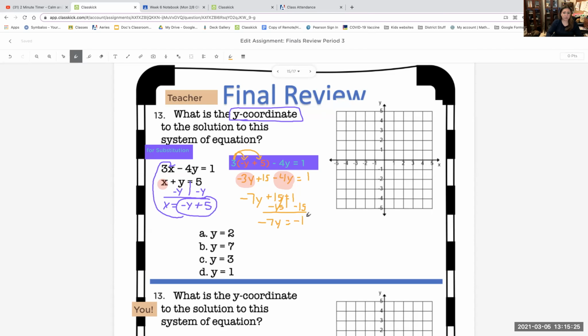I need $14, because 15 minus 1 is 14. And then last but not least, divide both of these by a negative 7. Be careful. And I get y equals 7 goes into 14 2 times, and both of them are negative, so it's just going to be a positive. So A would be my answer.